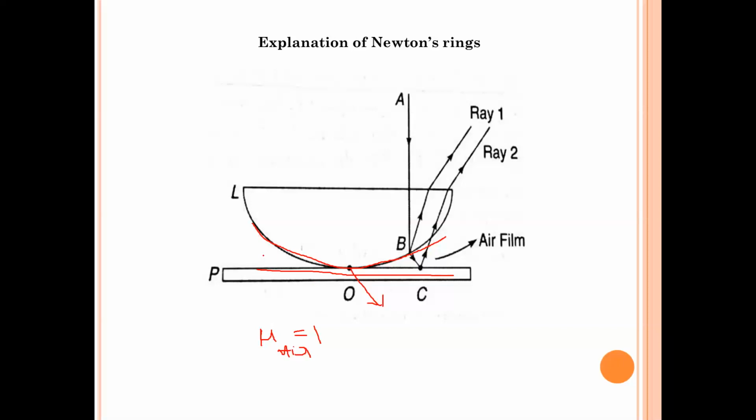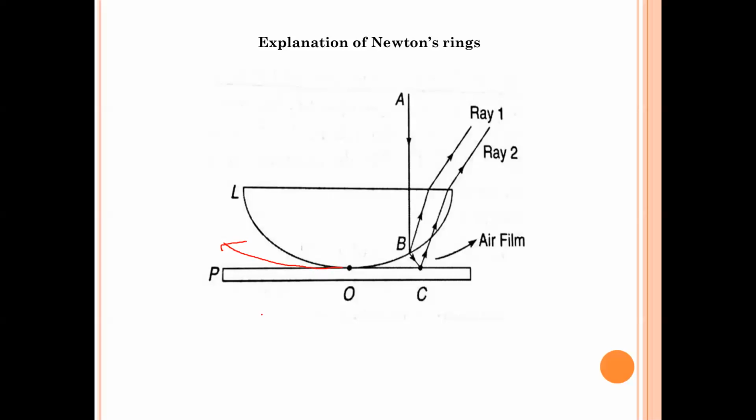The gap between the plano convex lens and the plain glass plate is entirely air film. When you observe, this air film thickness gradually increases.